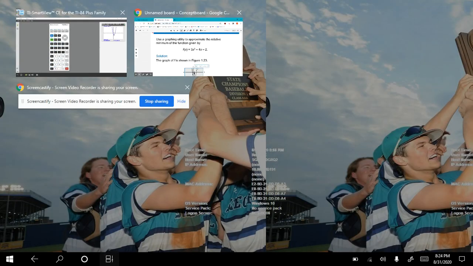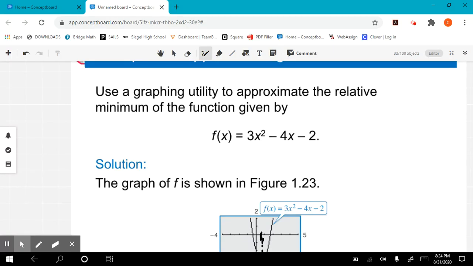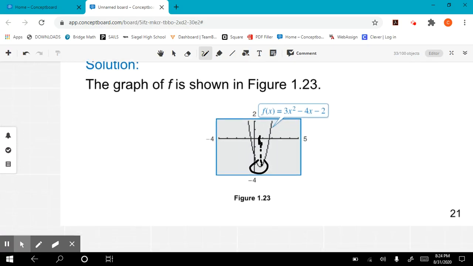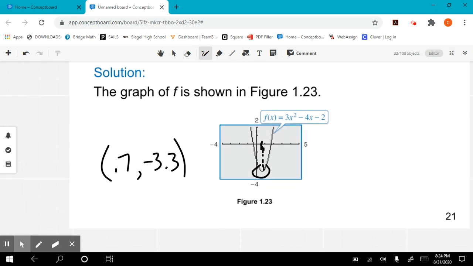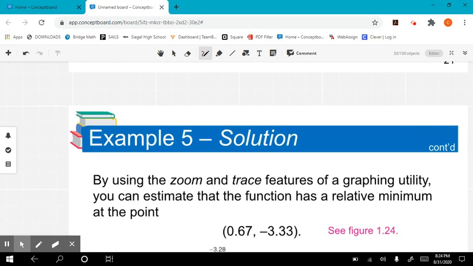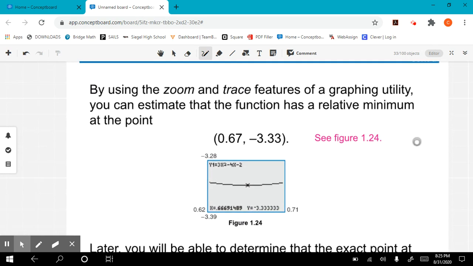Okay, so we said that is at about 0.7 comma negative 3.3. All right, that's good enough. It asks us to approximate. Sometimes you'll be able to see exactly, sometimes you won't. And that's what I said.